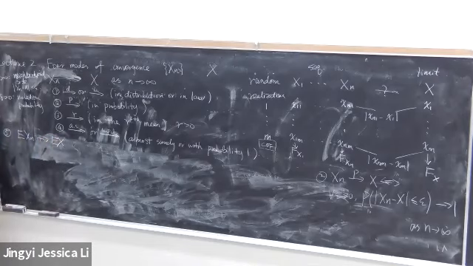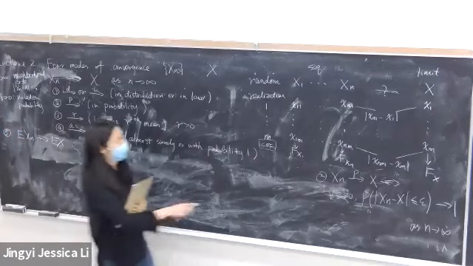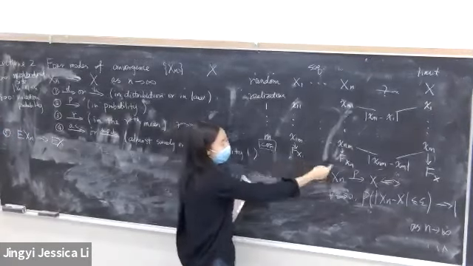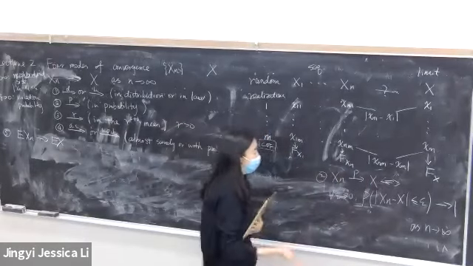So, does the expectation of my sequence converge to the expectation of my limit? If you think about this one, it has nothing to do with the coupling of Xn and X. We're just getting an expectation here, here, here. So we get a number sequence, right?